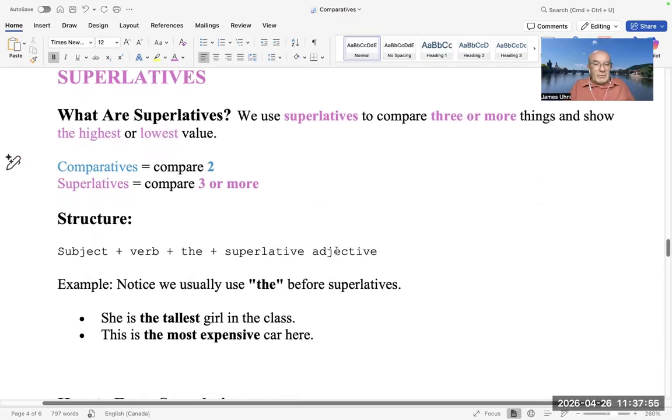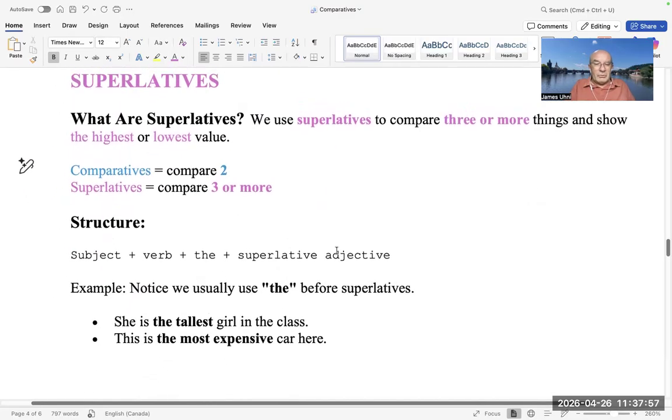So here we have it one more time to make sure you really do remember. Comparatives compare two things. I will put only things, but it could be person. It could be anything. Superlatives compare three or more things.